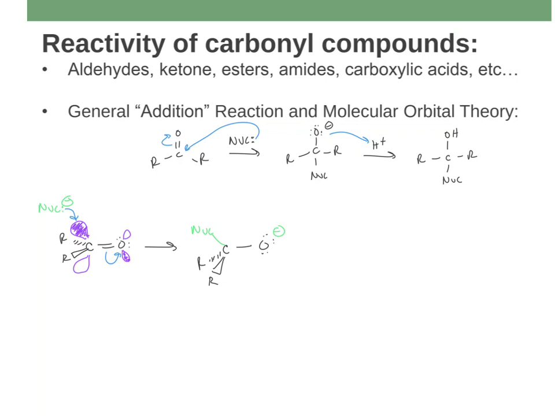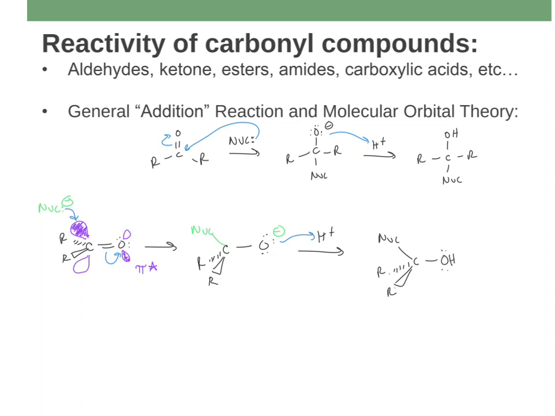So that's how the nucleophile attacks. It dumps into that pi star on your carbonyl and makes it a single bond. Then in that second step, your O- just picks up the H+ to give you your product, which would have your nucleophile attached to your carbon, with whatever groups were there, whether they're R groups or H's. I'll try to stay consistent and keep them R groups. And that gives us our alcohols.